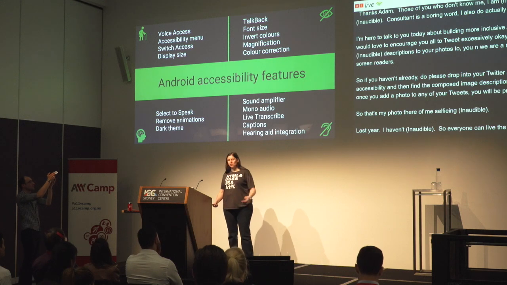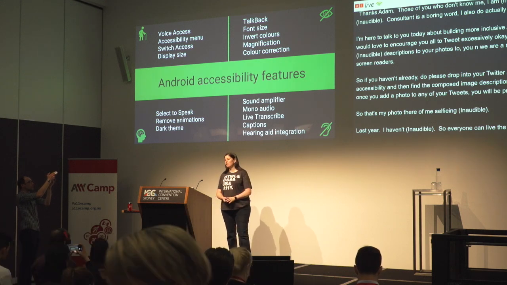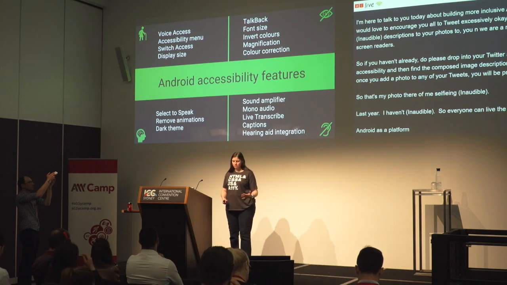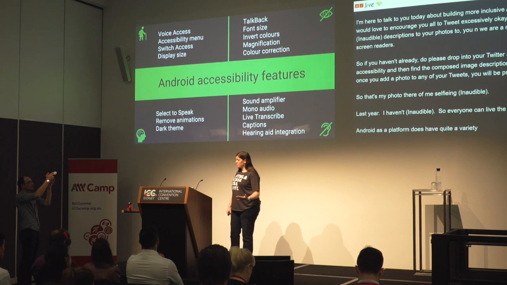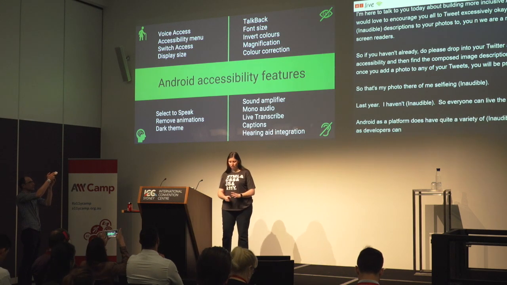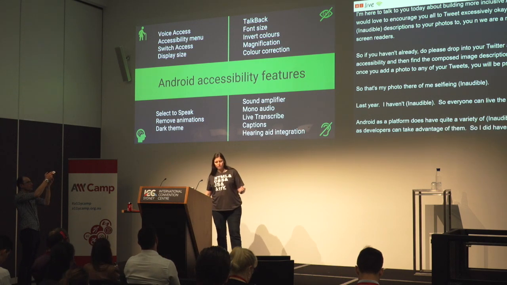Android as a platform does have quite a variety of accessibility features baked into the platform, so you as developers can take advantage of them. I do have a giant list on the screen. I'll call out a few highlights. For mobility, we have things like voice access and switch access.